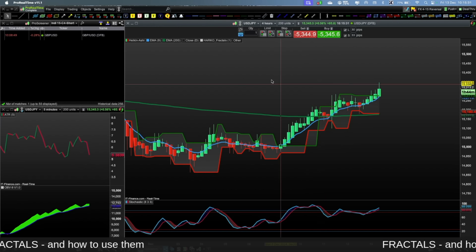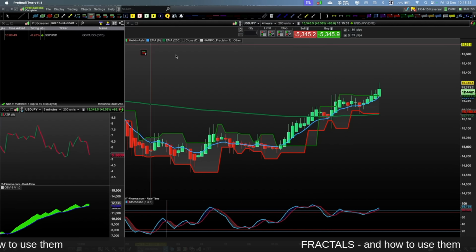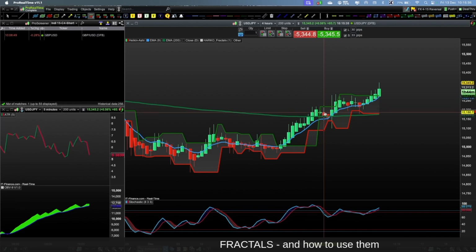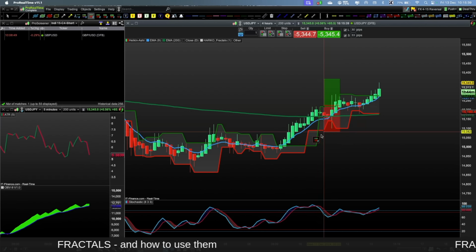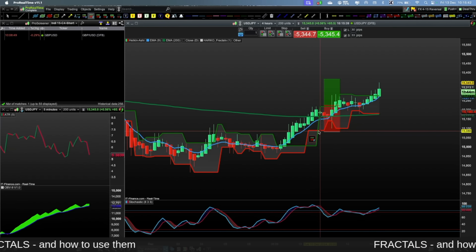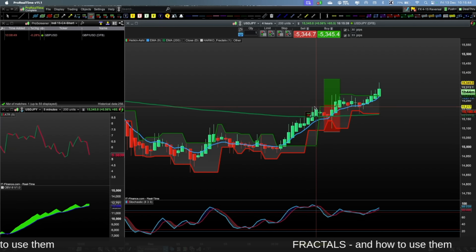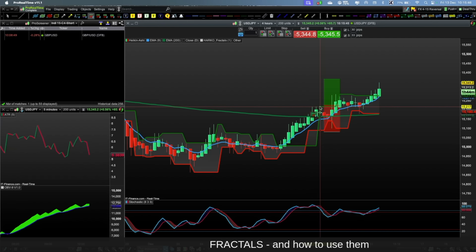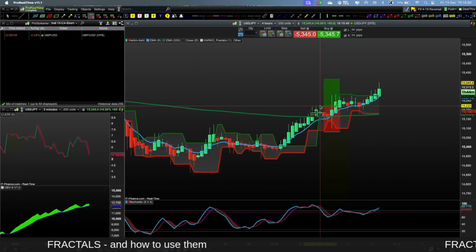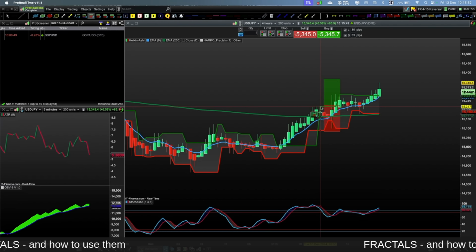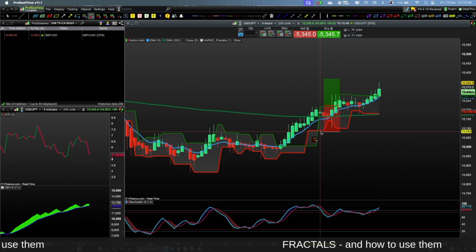So as it drew here, our one-to-one entry was here. There. And the reason the stop is here is because when that fractal formed on this CP1, closing price number 1, the fractal line was there and the baseline was here.